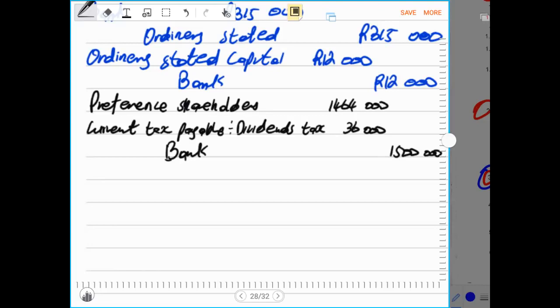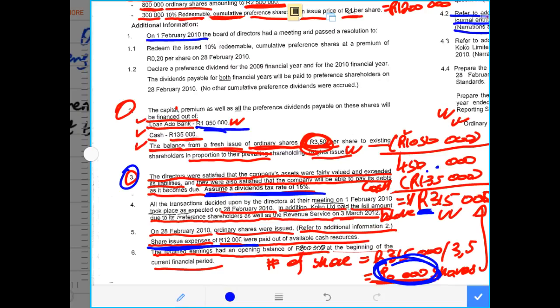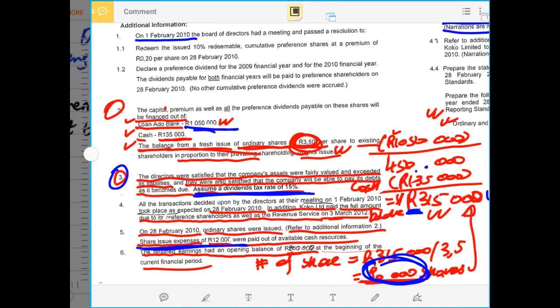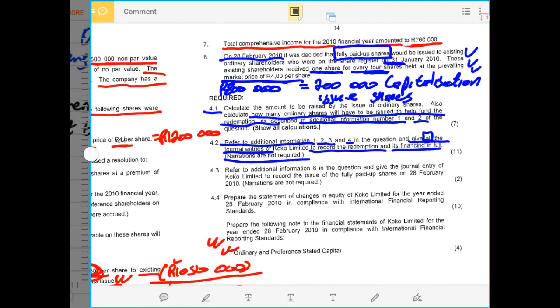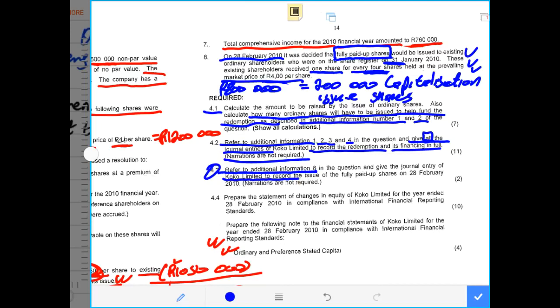We go to the last requirement and the last journal entry before we do the statement of changes in equity, which is 4.3. And 4.3 says to refer to additional information number 8 only in the question and give the journal entry of Coco Limited to record the issue of the fully paid up shares on the 28th of February 2010.